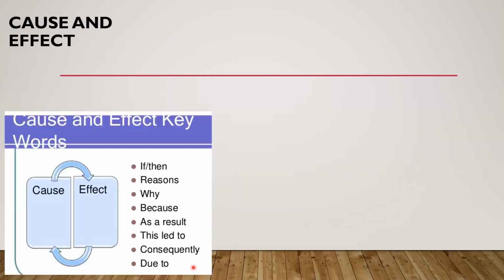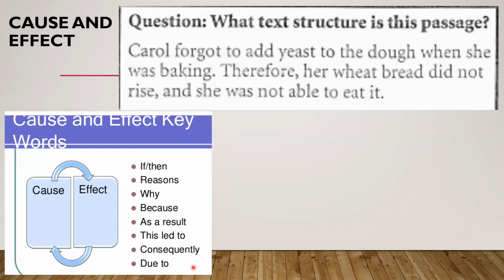The next text structure we're going to look at is cause and effect. Cause and effect keywords are if, then, reasons, why, because, as a result, this led to, consequently, due to. So in this passage, we are going to look for something that happened and why it happened. So Carol forgot to add yeast to the dough when she was baking.